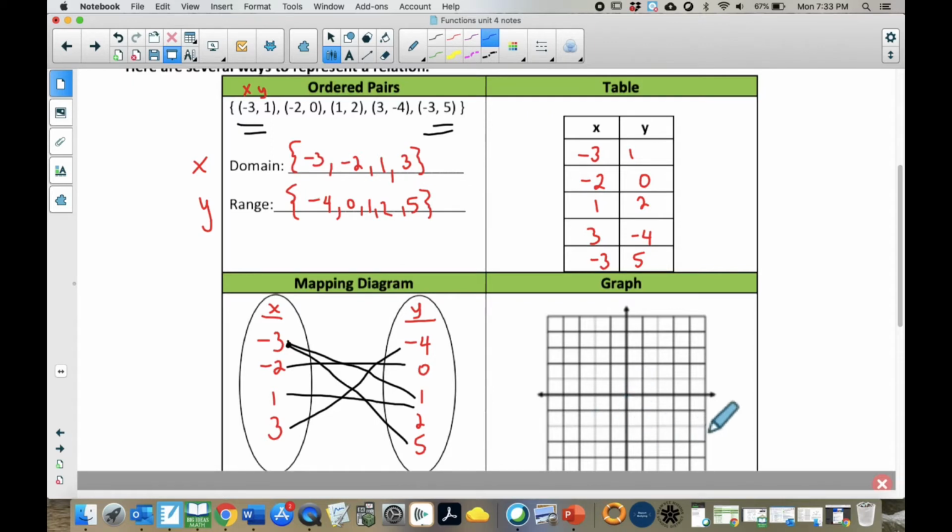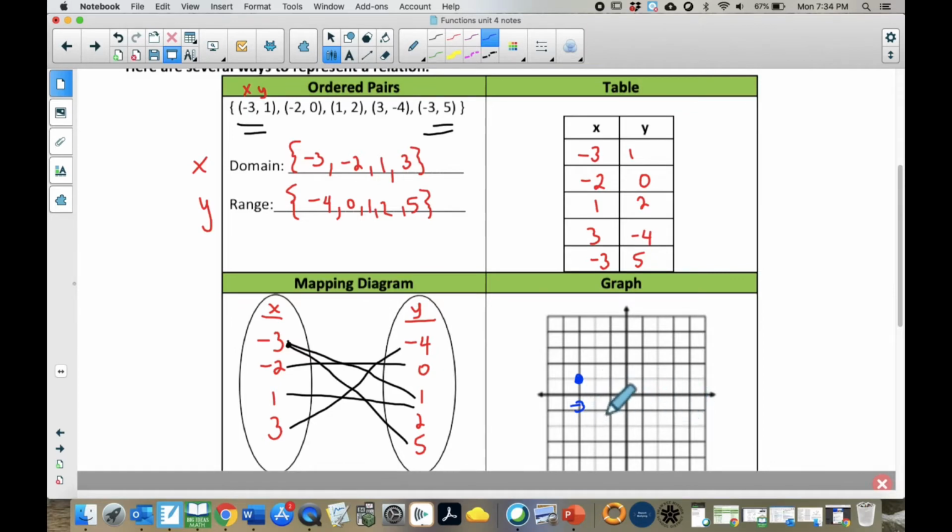I know that the notes didn't come out really well on this graph, but let's try to graph these points. And we can graph them from a table, or we can graph them from coordinates. I actually think it's easier for myself just to visually to see it in a table. And again, it's kind of hard to see because your copy is not great, but there are axes in here. So -3, 1 is going to be -1, -2, -3, and then up to 1 like that. So over here, that was the -3, and then that was 1.